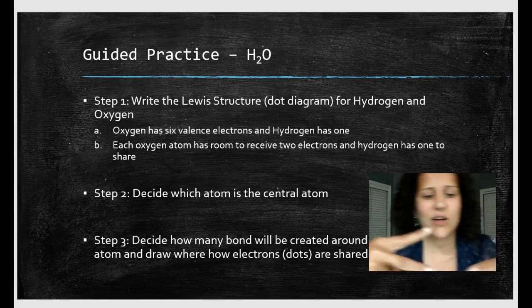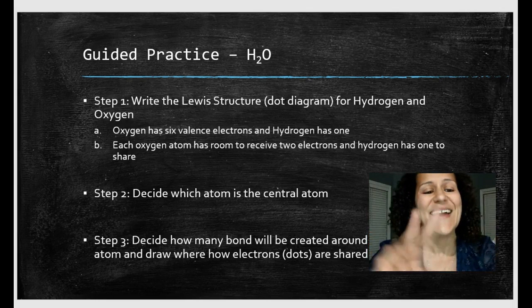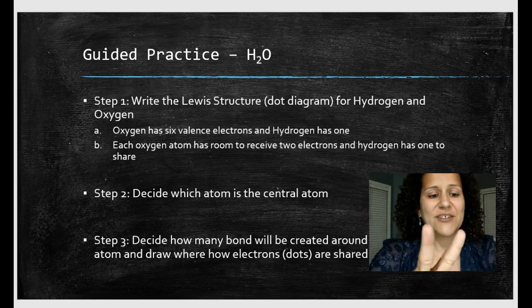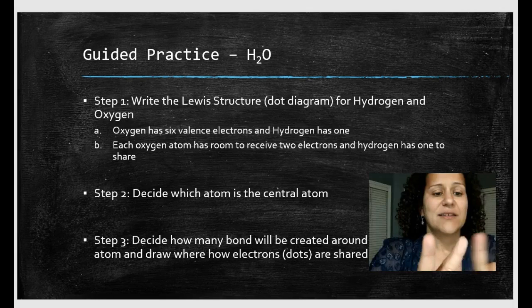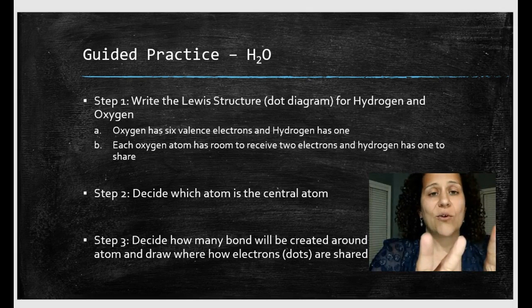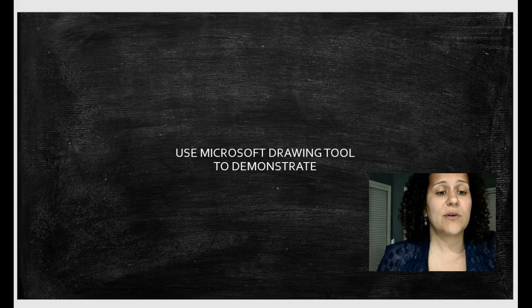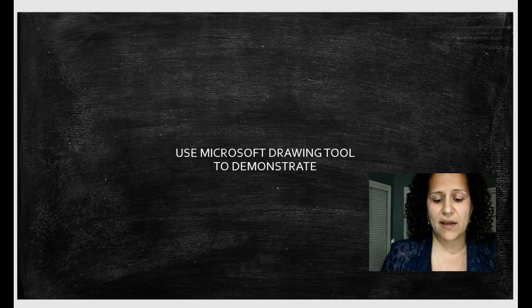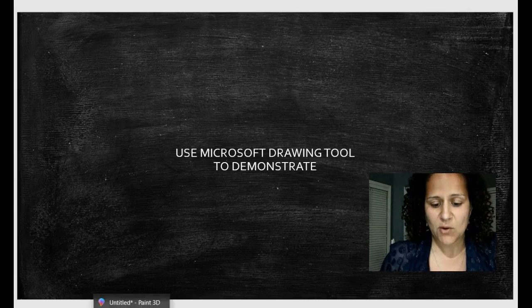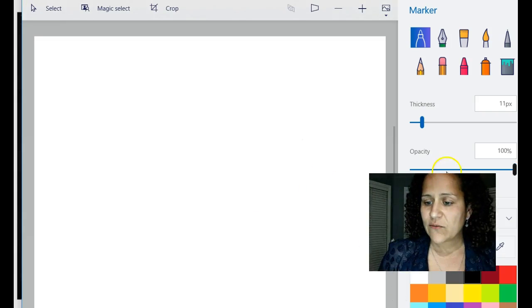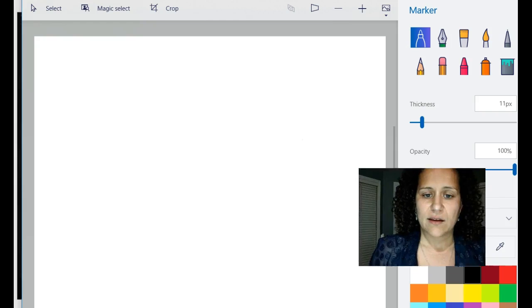So oxygen wants 2, hydrogen only has 1. So you're going to have more than 1 hydrogen atom to give electrons away. So we'll see that in the next part, and I will pull up a drawing pad so that you can see what this looks like.